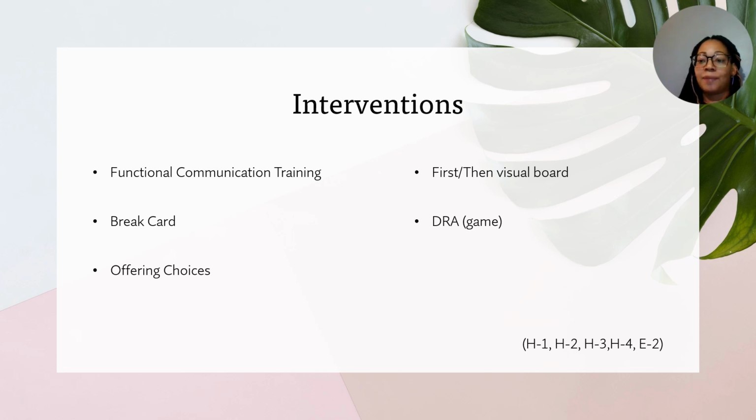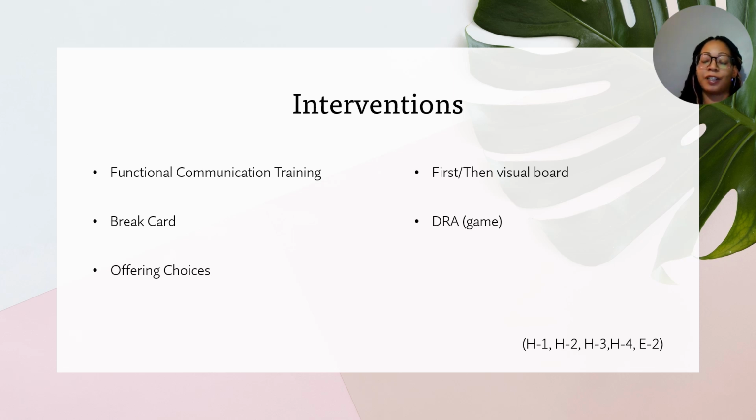Task list item H4 states: when a target behavior is to be decreased, select an acceptable alternative behavior to be established or increased. The interventions are functional behavior replacements for escape.